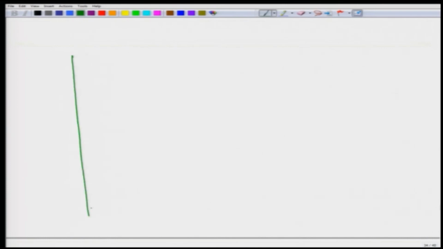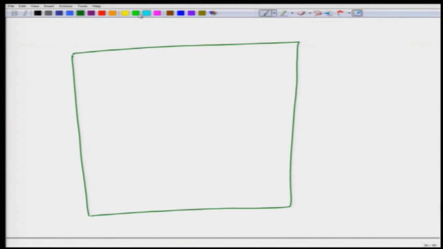So, if this is your forest, you are telling the computer that at this point there is a tree of this particular species, of this dBH, of this height, at this site quality and so on.